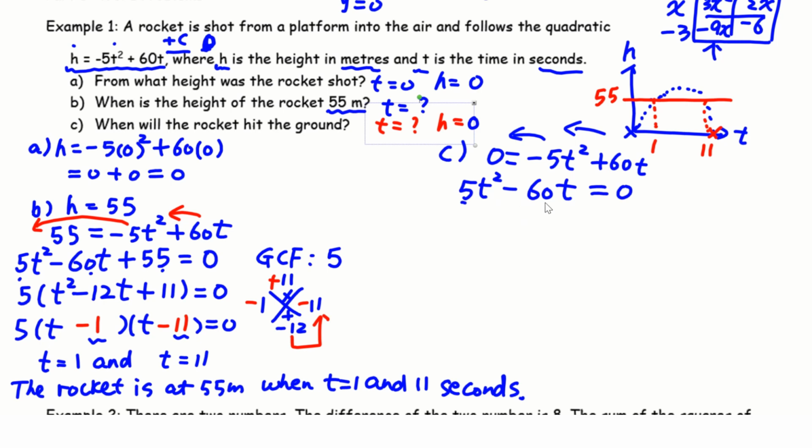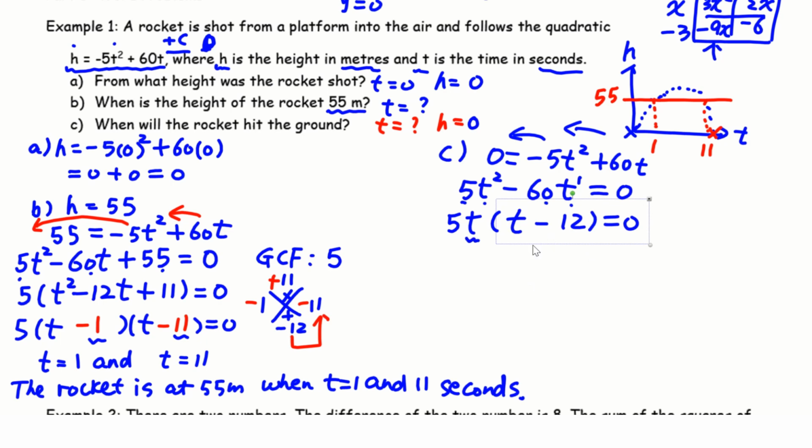So 5 and 60 we have 5. T squared and t, the lowest degree for the variable is 1. So we take the lowest degree out. These are the greatest common factor. Each term divided by 5t, you will have t minus 12 equals 0.